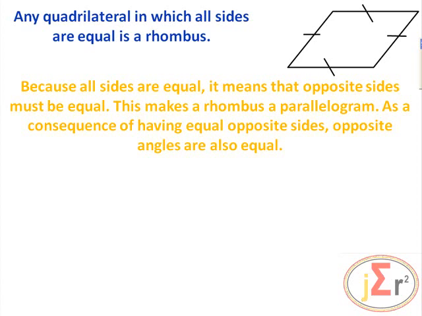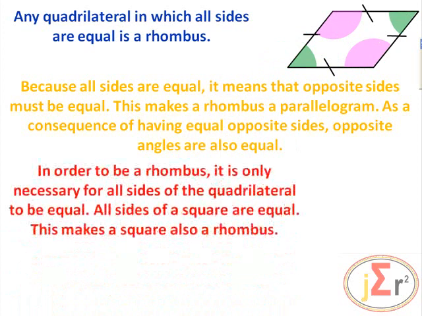As a consequence of having equal opposite sides, opposite angles are also equal. So a rhombus is also a parallelogram. Opposite sides are equal, opposite angles are equal.